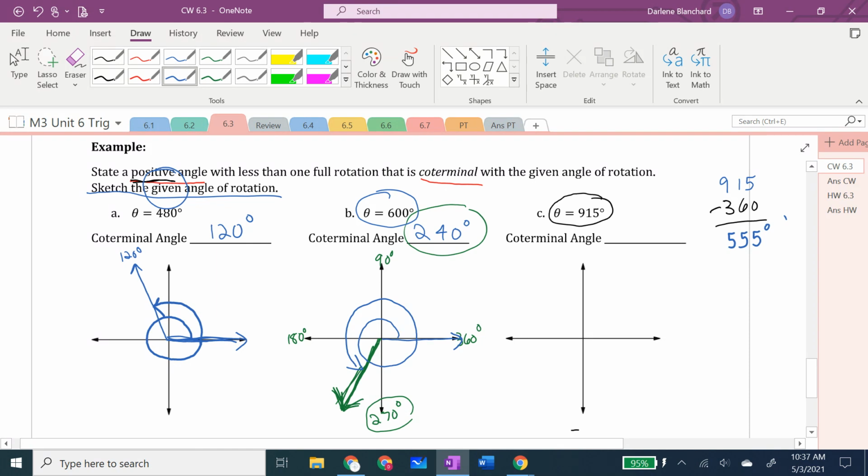If that's a number bigger than 360, then you need to subtract 360 again. But I want to say, if you had realized at the beginning that this was larger than 720, you could have just subtracted 720 because that's double 360. So now what is it? And what did you say? I think I heard 195. Okay.